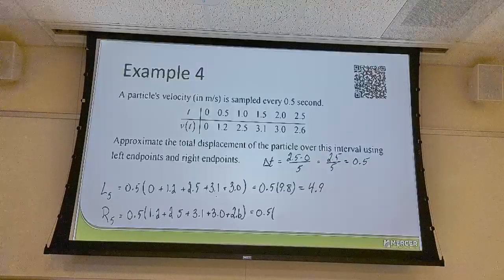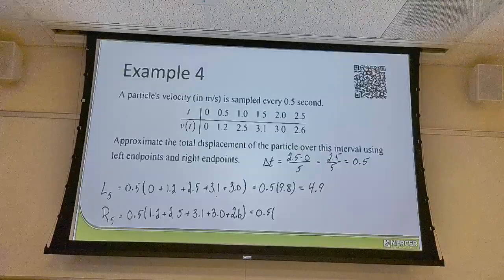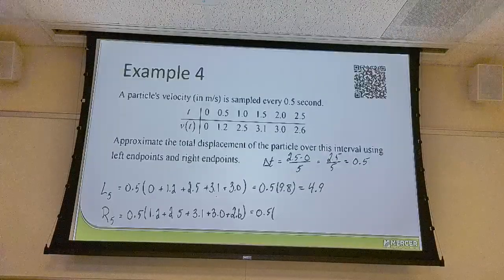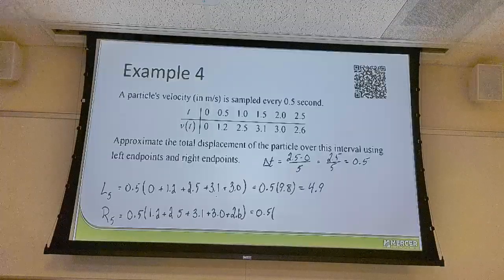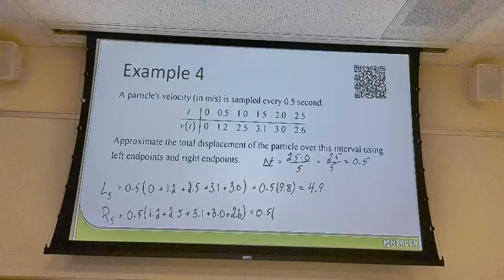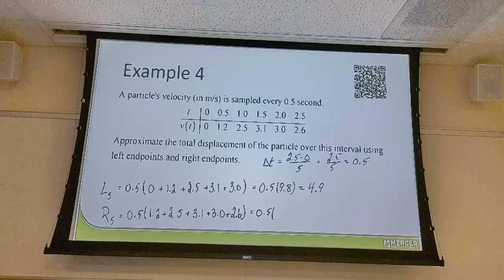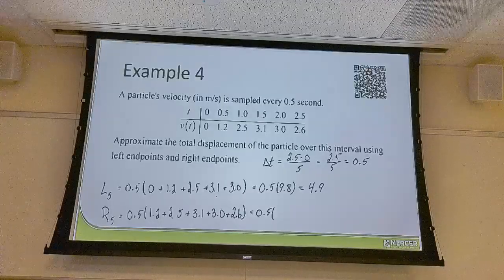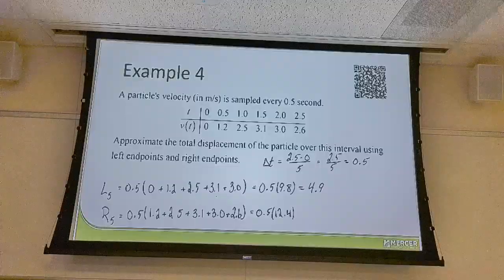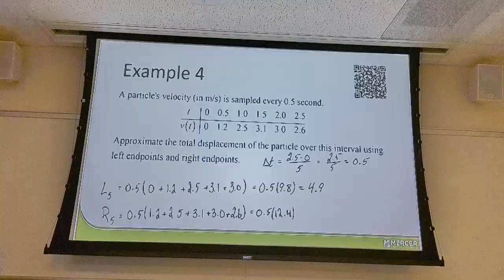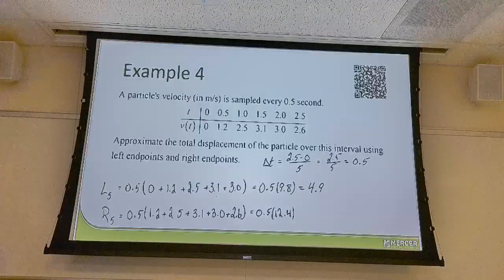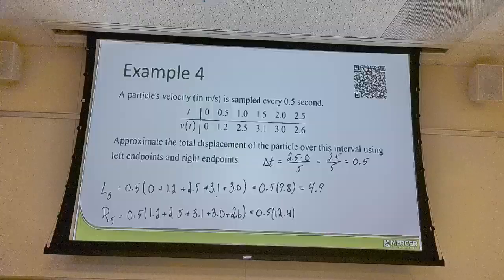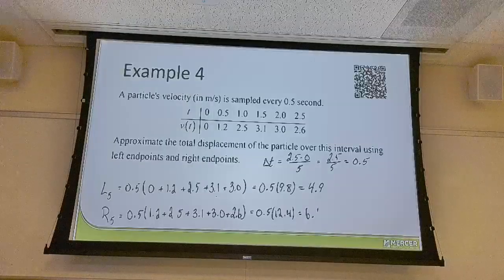And then 12.4. Yep. So it's half of 12.4, 6.2.